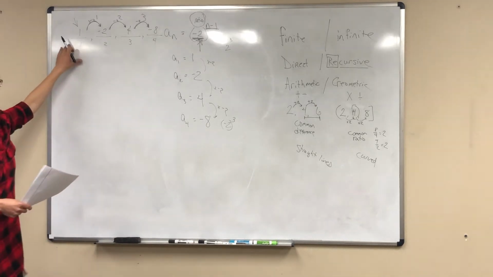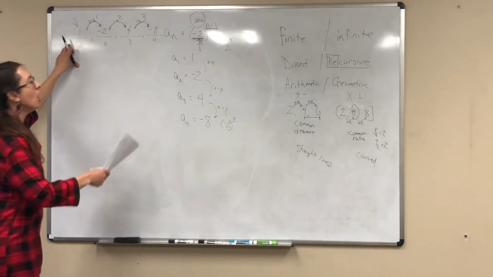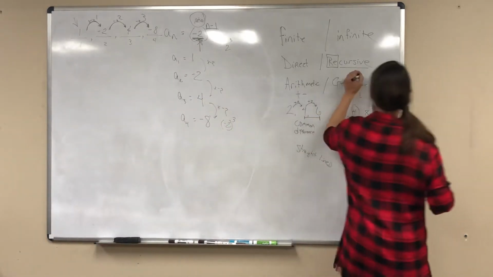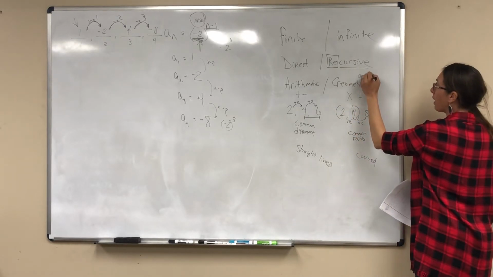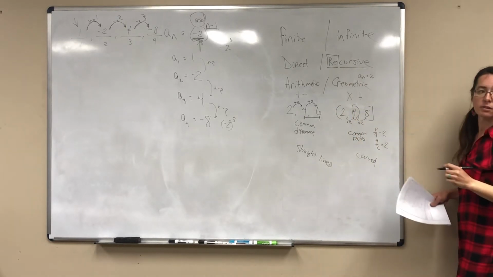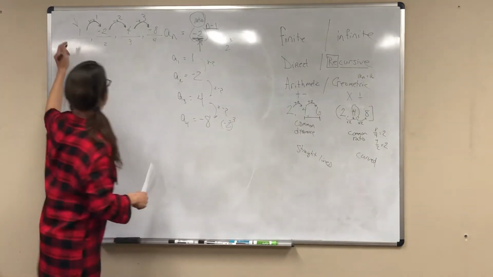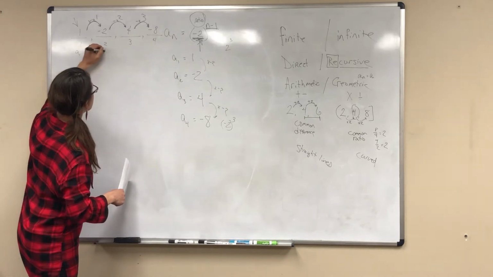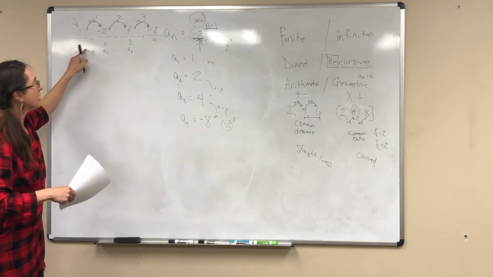Our starting place here happens to be 1, which makes it easy. Our geometric formula for a sub n uses wherever you start, which we call a1, because n is 1. So this is a1, this is a2, this is a3. It's simply naming the term.